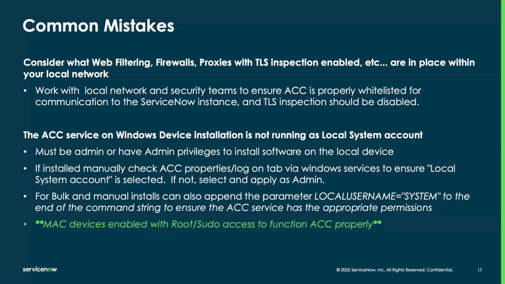That's because certain checks, certain pieces of information it needs to gather, require a higher level of privilege. That's why you'll see inconsistent results, and why we focus on making sure it's running as a local system account so all of the metrics can be properly gathered.